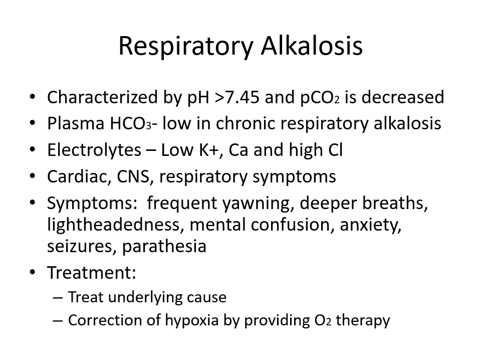There will be cardiac, central nervous system, and respiratory symptoms, and you'll see frequent yawning, deeper breaths, lightheadedness, mental confusion, anxiety, seizures, and paresthesia or tingling. The treatment again requires treating the underlying condition and the correction of hypoxia by providing O2 therapy.